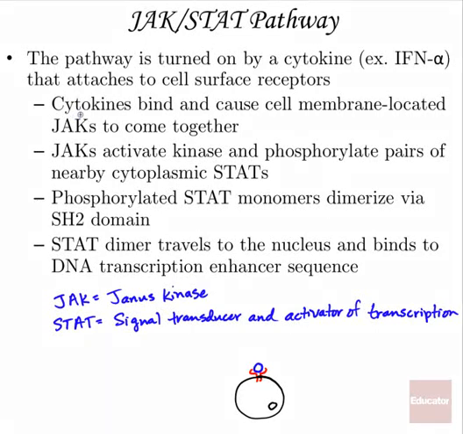The JAKs, the kinases, come together. Those JAKs will activate the kinase, which phosphorylates pairs of our STATs. Those phosphorylated STAT monomers will dimerize, so these STATs are monomers.